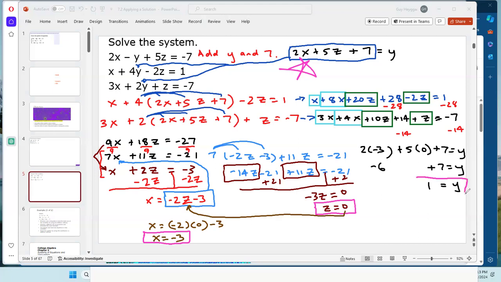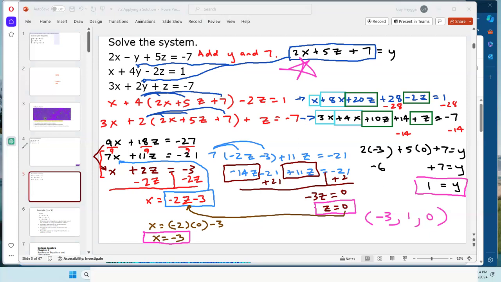We get, we believe, an ordered triple solution, -3, 1, 0. And a quick mental check, make sure it satisfies all the equations in the system, which is required to solve a system, is to find an ordered triple or the set of ordered triples that satisfy all the equations. -6 minus 1 plus 0 is -7.